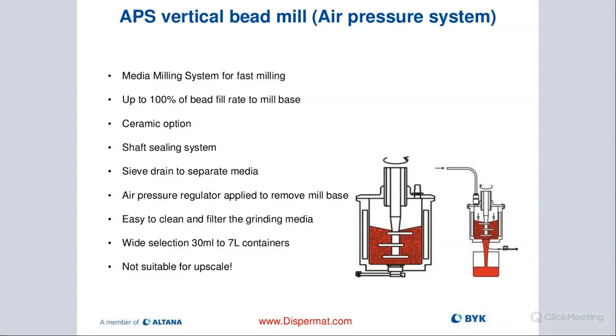And then when I'm milling, I just pop on my milling discs or my milling disc, depending on the design. Add my beads. I can add 100% bead loading. So if I have 100 milliliters of slurry, I can add 100 milliliters of beads. So I have a lot of beads in there for excellent milling performance. It should also give you quick milling performance.